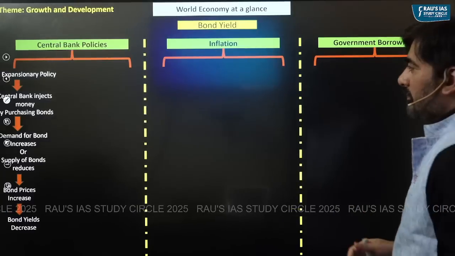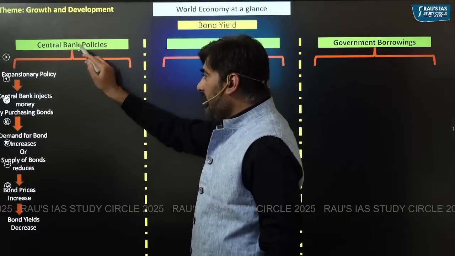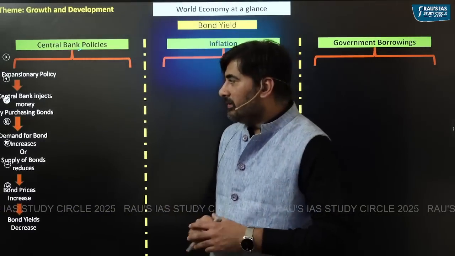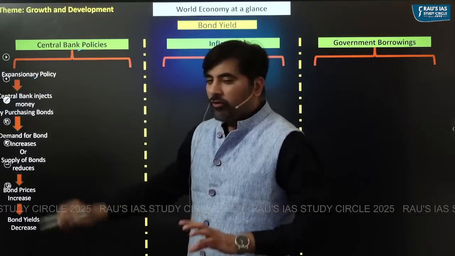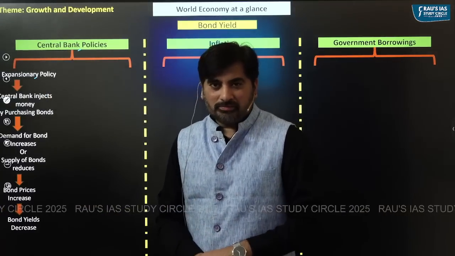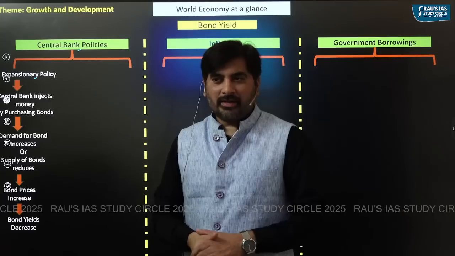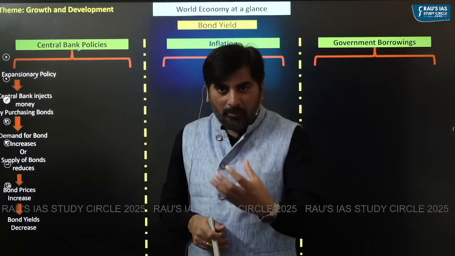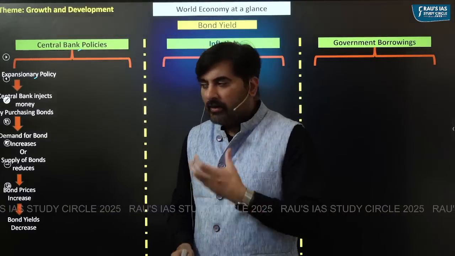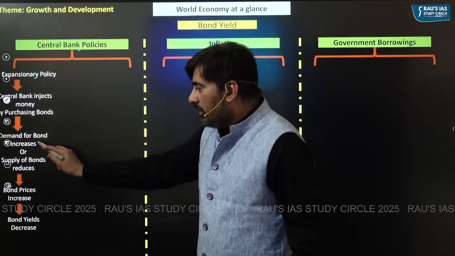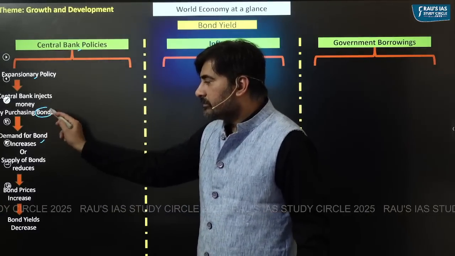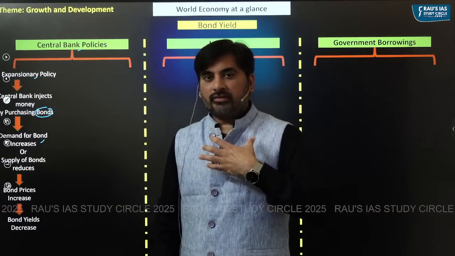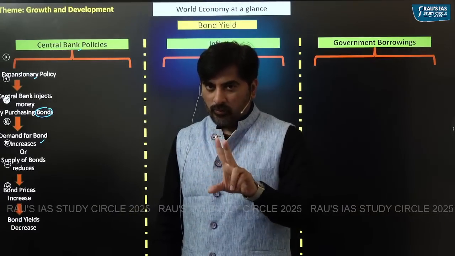Number one, how bond yields are affected by central bank policies. Let's see here. Let's say central bank is following expansionary policy. As the name suggests, expansionary, we are pumping in money. And to pump in money, central bank is purchasing more bonds. If I am the central bank, if I am purchasing more bonds from the investors, there are two possibilities.